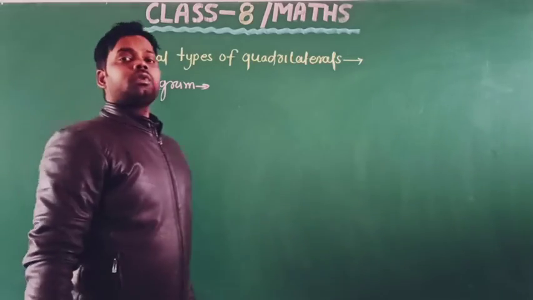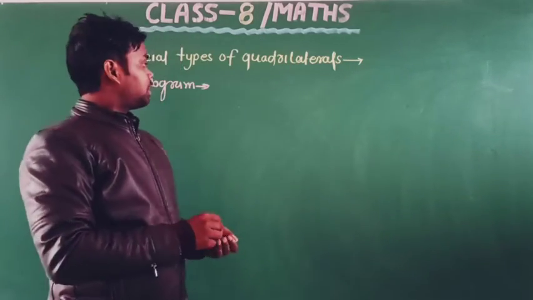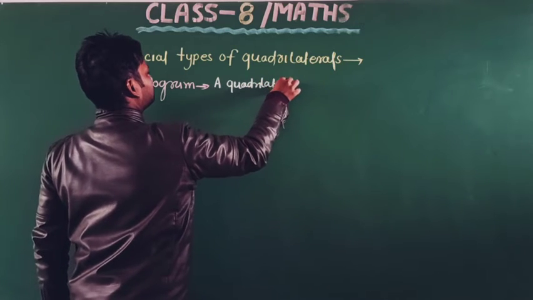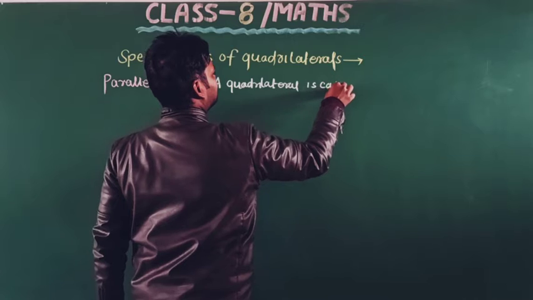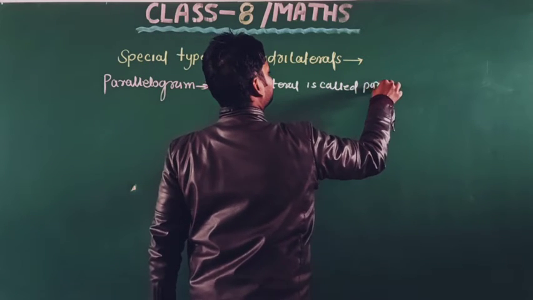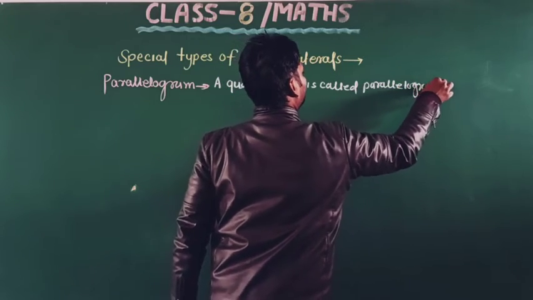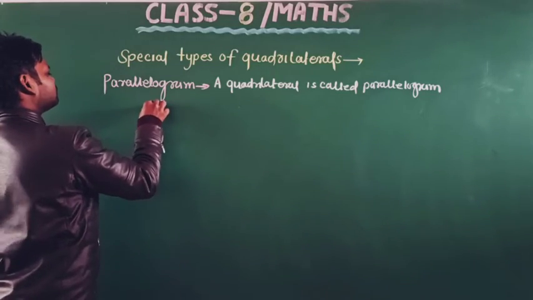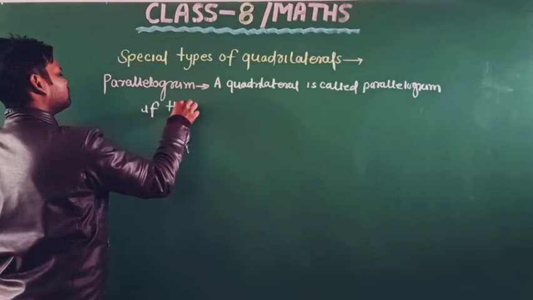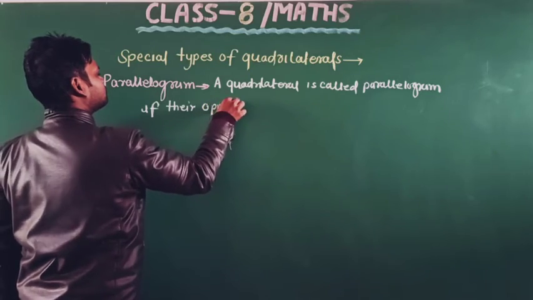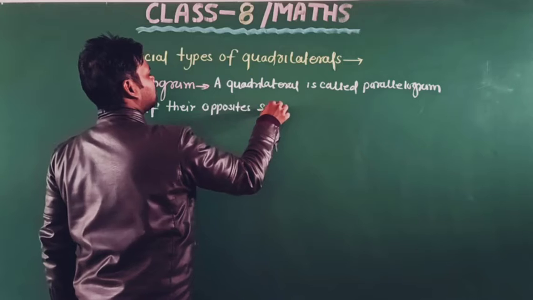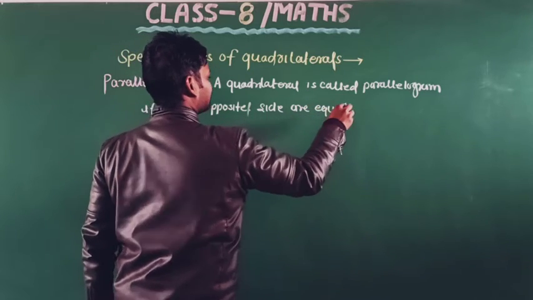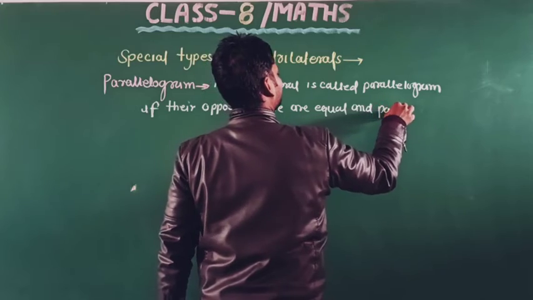A quadrilateral is called a parallelogram if its opposite sides are equal and parallel.